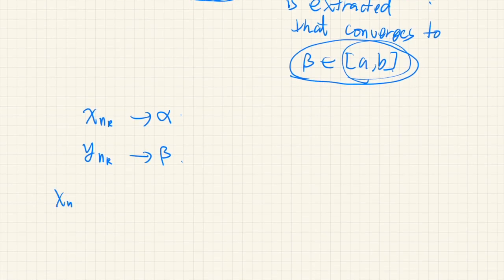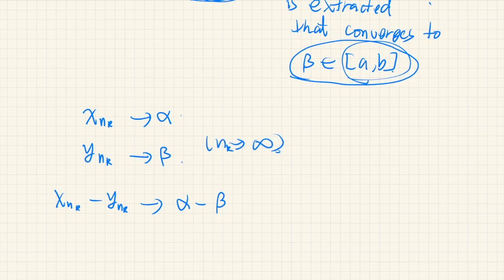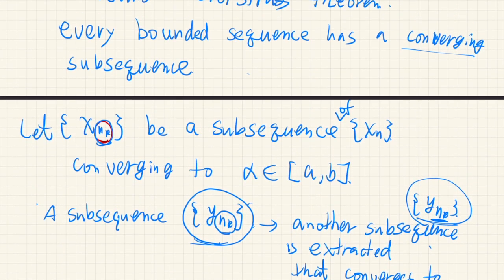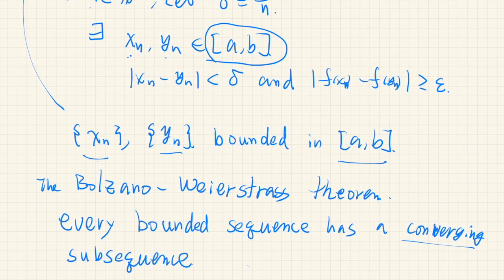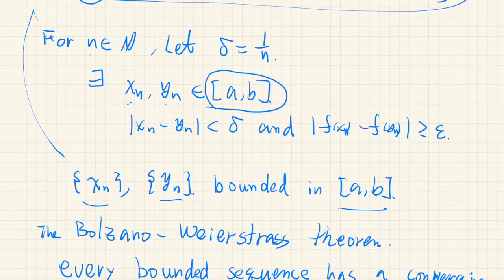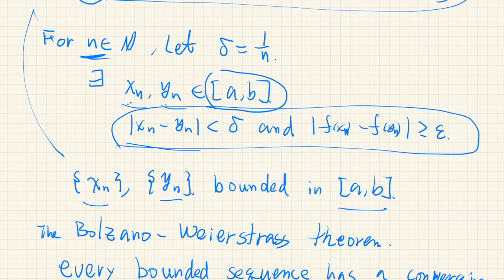So that means x_{n_k} minus y_{n_k} converges to alpha minus beta. Okay, by the way, of course, n goes to infinity, and k goes to infinity. However, the definition of the sequence is this. So for each natural number n, we let delta be 1 over n, and x_n and y_n are chosen so that this is true. So we can assume this one.